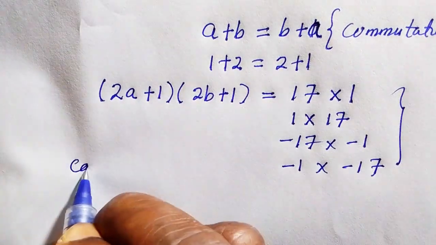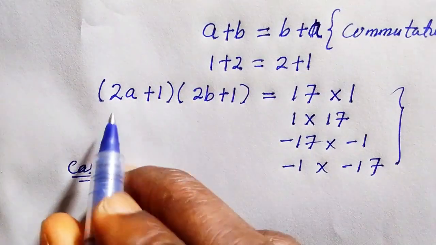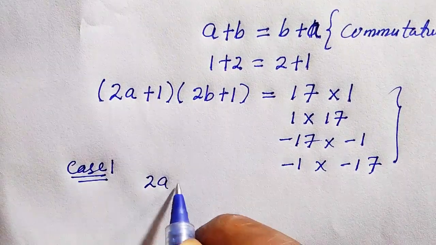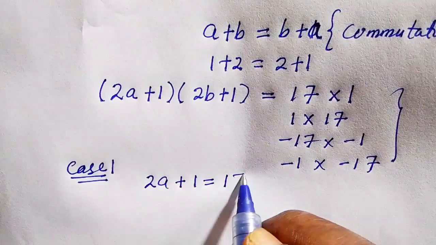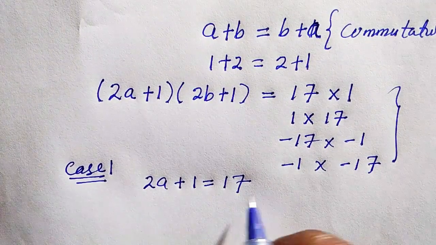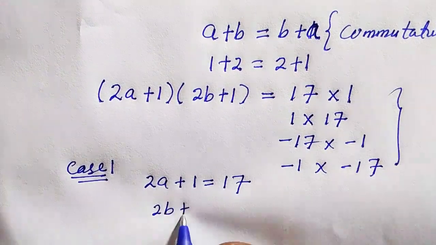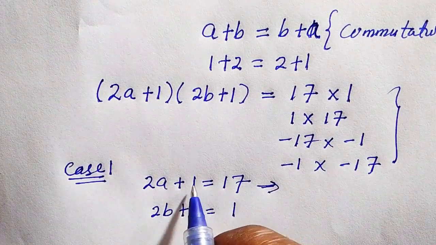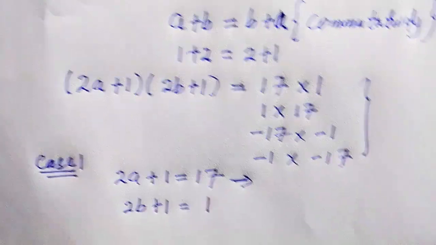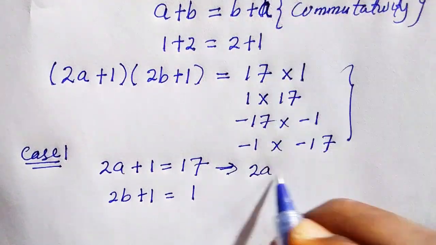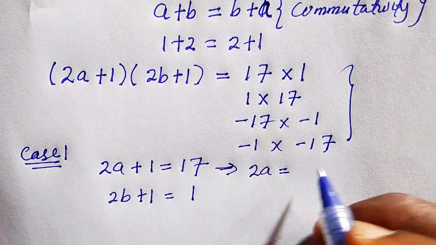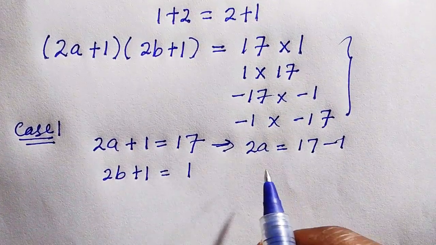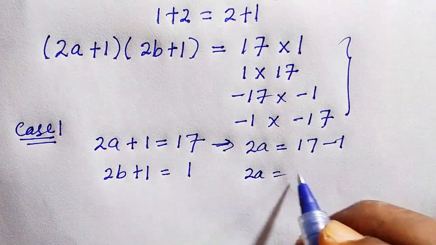So for case 1, we are going to let 2a plus 1 equals 17, while 2b plus 1 equals 1. It implies that 2a equals 17 minus 1, and 17 minus 1 gives us 16.